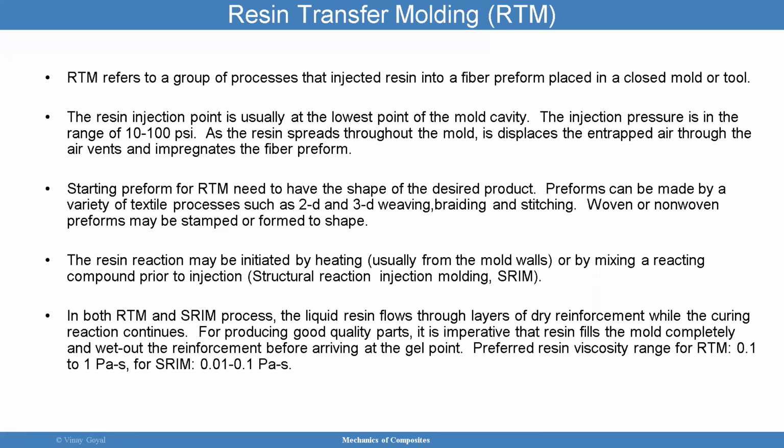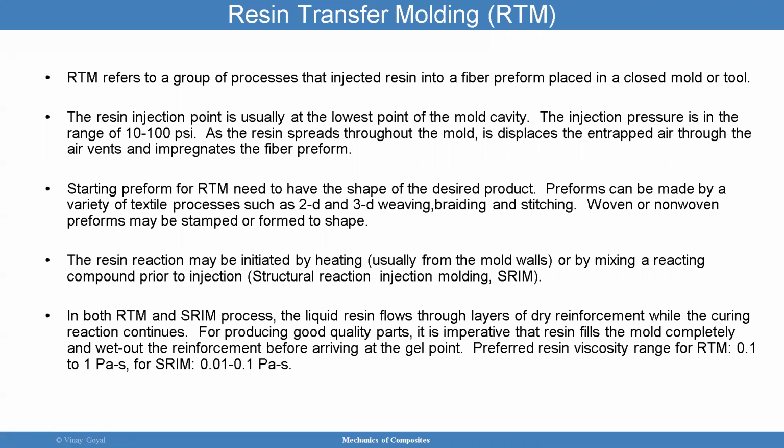So resin transfer molding refers to a group of processes that inject resin into a fiber preform placed in a closed mold or tool. The resin injection point is usually at the lowest point of the mold cavity. The injection pressure is in the range of 10 to 100 psi. As the resin spreads throughout the mold, it displaces the entrapped air through air vents and impregnates the fiber preform. The starting preform for RTM needs to have the shape of the desired product.